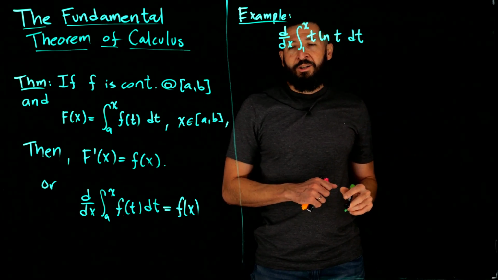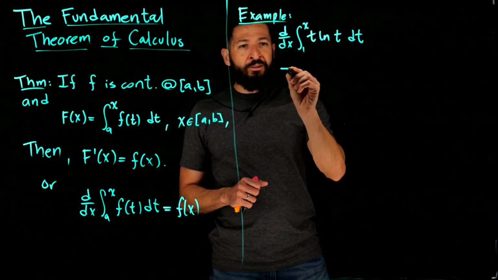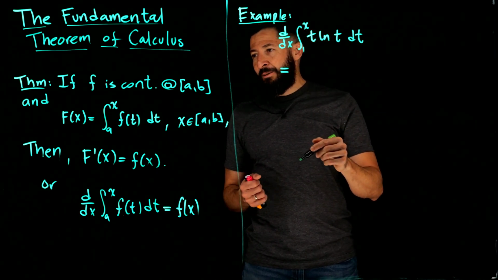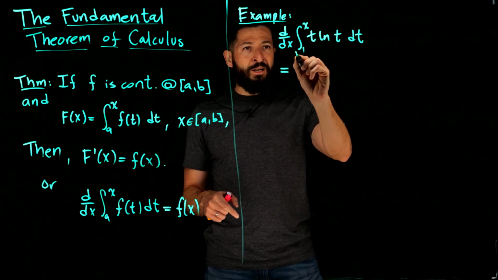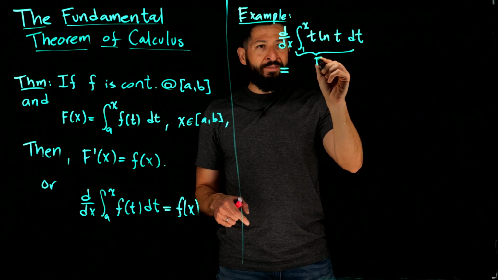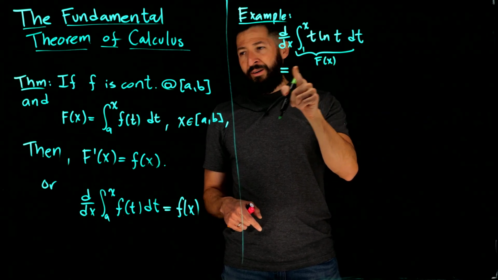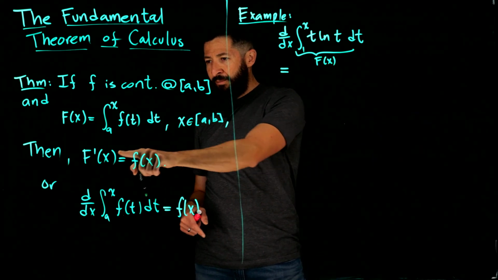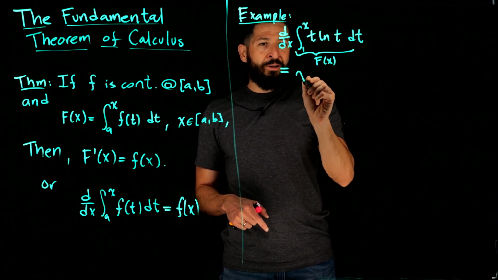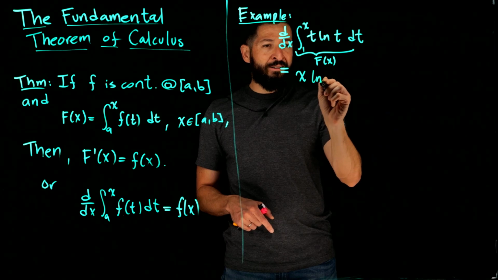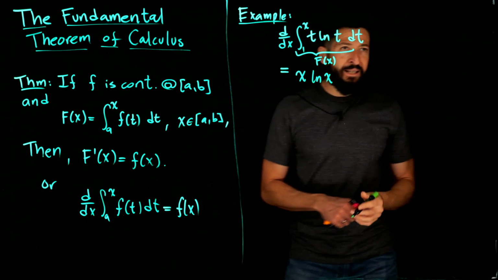But using the fundamental theorem of calculus, this is really easy, because it says when you take the derivative of this function, so this is my capital F of x, which is what I'm doing here, I get little f of x. So the inside function just evaluated at x in place of t. And that's that.